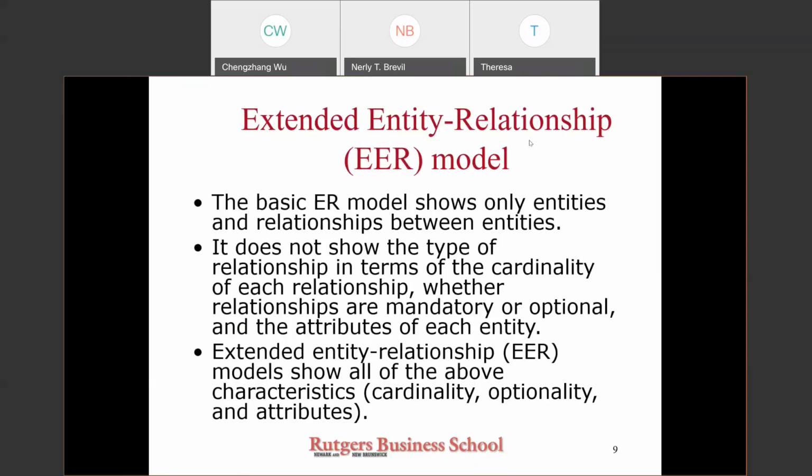The basic ER model also doesn't indicate whether relationships are mandatory or optional. So now let's return to the manager professional diagram.